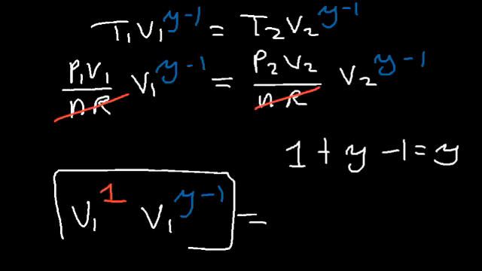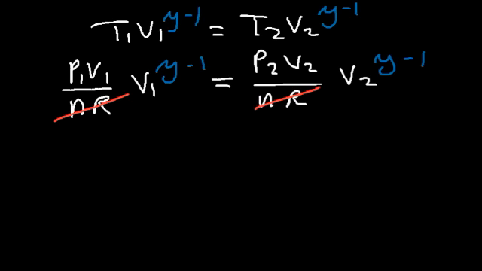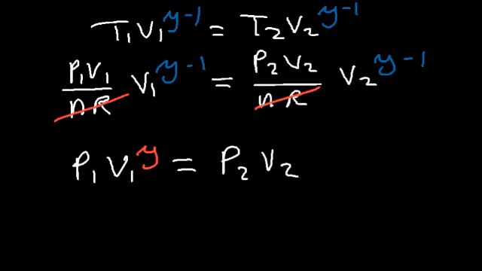So V1 times V1 to the gamma minus 1 is just V1 raised to the gamma. So these two combined will simply become V1 raised to the gamma power. And the same is true for the other side. It's going to be V2 raised to the gamma. So that's how we can get this equation.